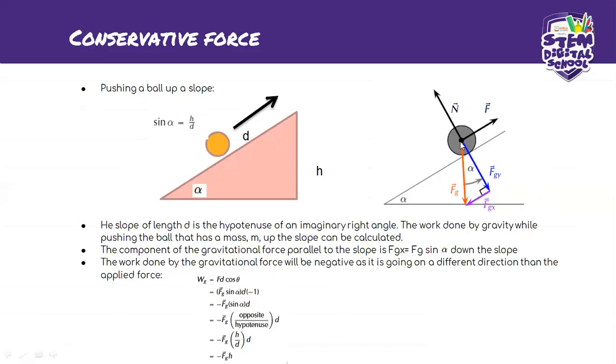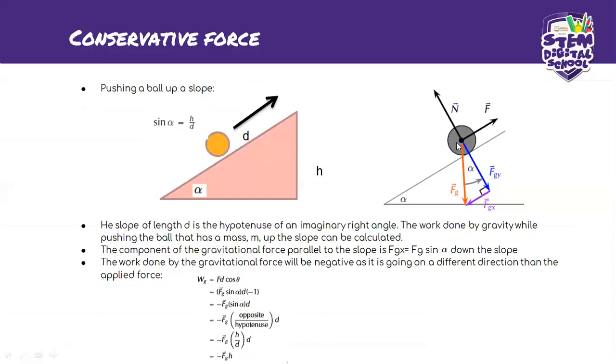And then we'll also have the gravitational force, right? But we're going to make it have two components, and the component that is parallel to this one will be the Fgx. You see, so this one is parallel to the distance. Remember, we always use the force that's parallel to the distance. So in this case, it's going to be Fgx, and this Fgx is what we're going to use.